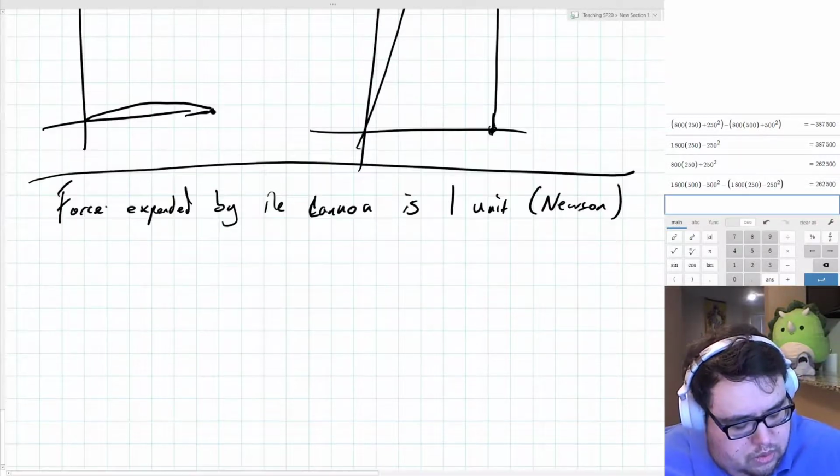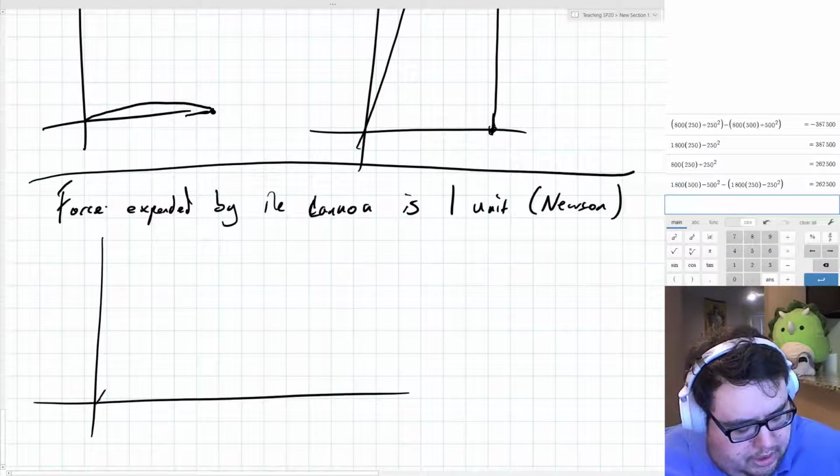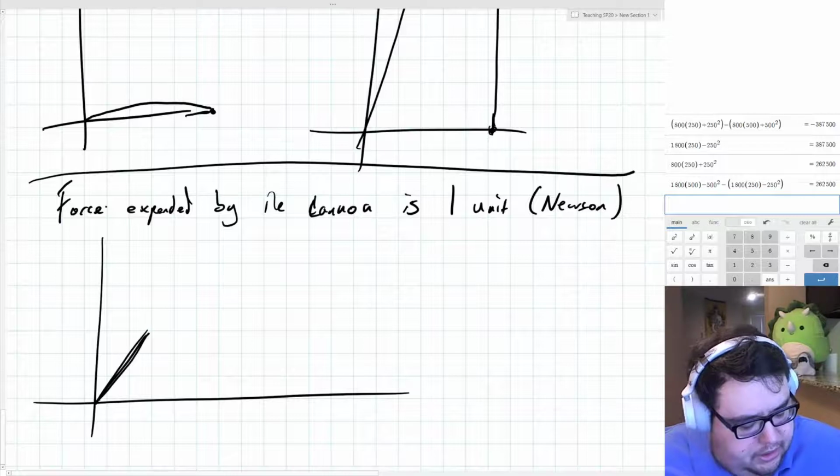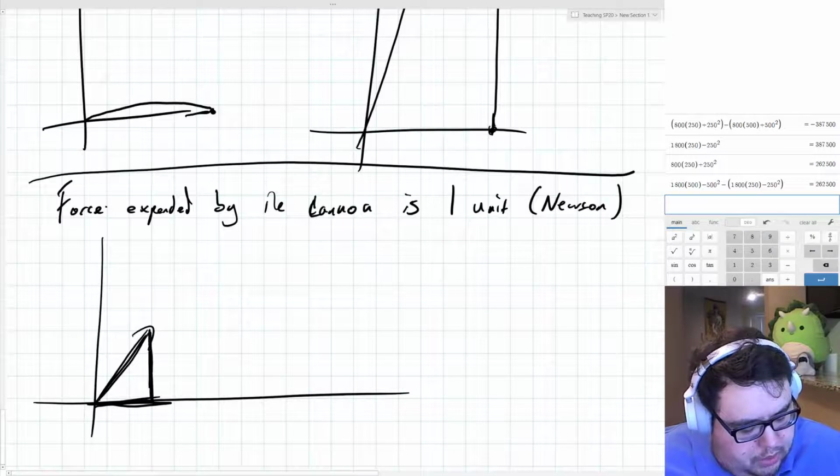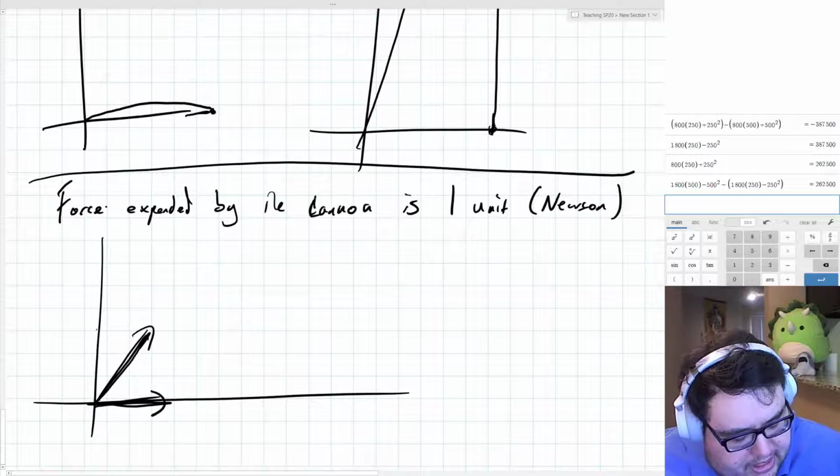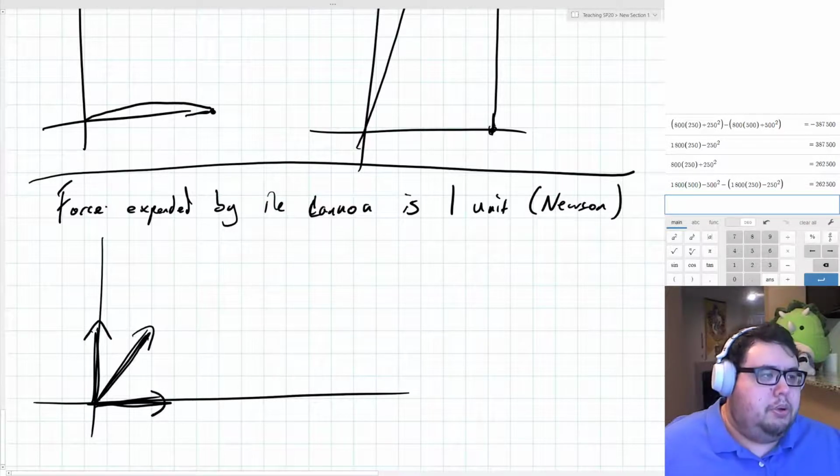So essentially, we're shooting a projectile, and we want to know what the horizontal component and what the vertical component of the force is. We're going back to that same idea when we talked about pushing the box.